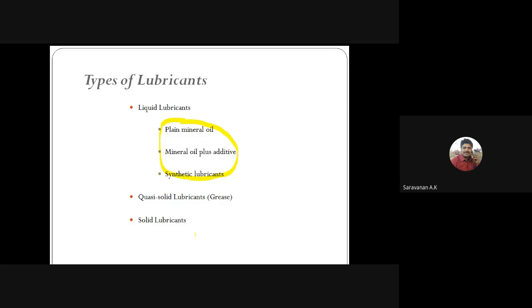So we have to produce the lubricants from the crude oil. In the refinery process we can get a plenty of variety of products, and here we can get a good quality by a very good refining process.